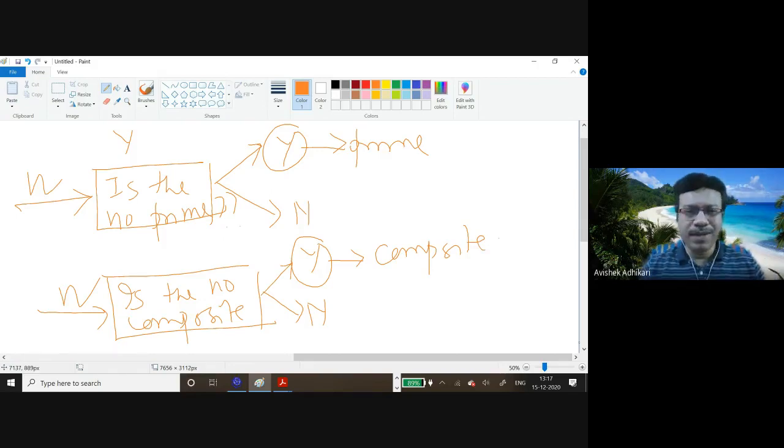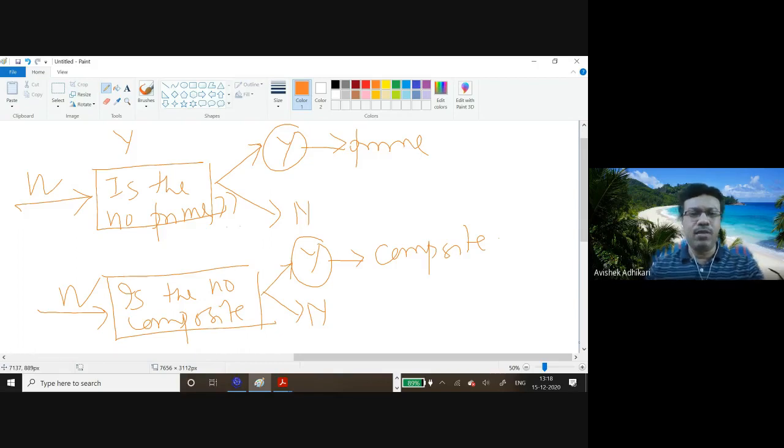The question is different, and both of them are yes-biased. So in case of the first problem, if it gives you yes, your conclusion will be surely prime. And in the next statement, is the number composite, if it gives you yes, then your number is surely composite. Both of them do the same thing, but I have a twist here.